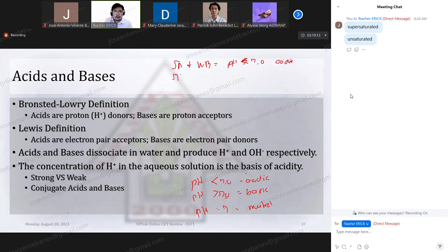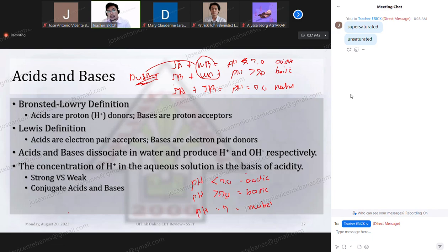So, technically, if the strong base is added with the weak acid, the pH level goes up to more than 7.0, and therefore they are more basic. But if a strong acid plus a strong base is added, then the pH is equal to 7.0, and they are technically neutral. And these are basically what you call now yung ating mga buffers. So later, i-explain ko sa inyo yung definition natin kay buffer.